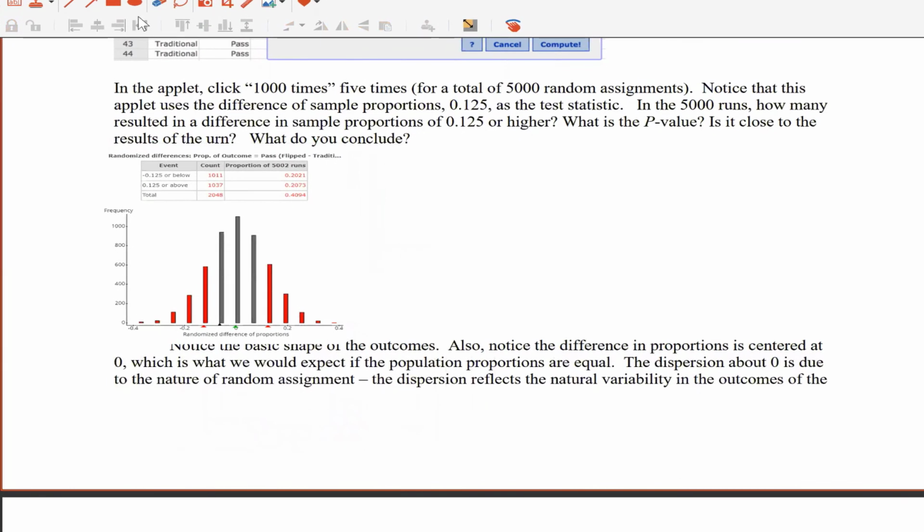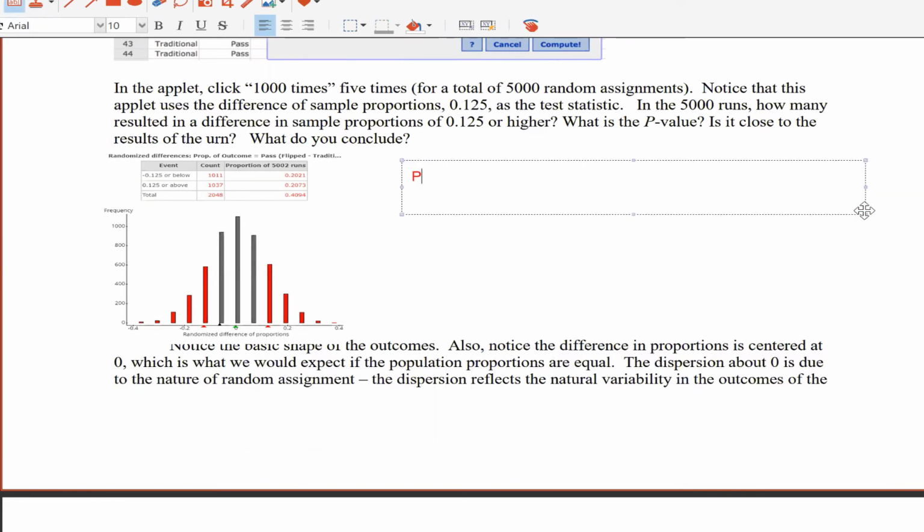Okay, so when we did it this time, the p-value is 0.2073.